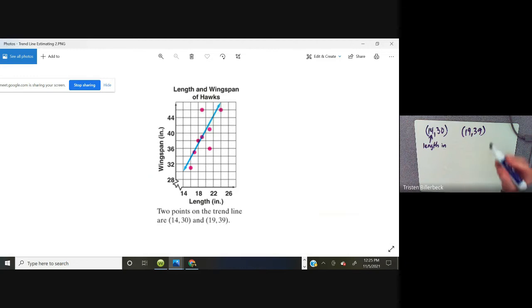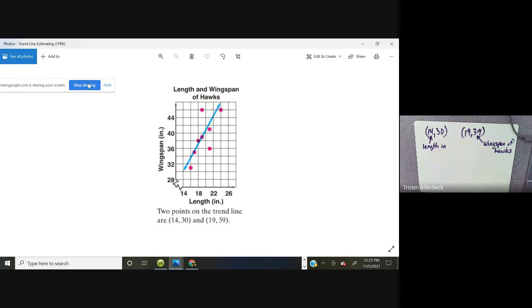So this is the length of the wing, and this is the wingspan of hawks. Okay, so we have to make sure that our line of best fit makes sense.